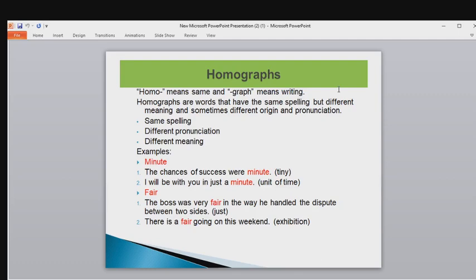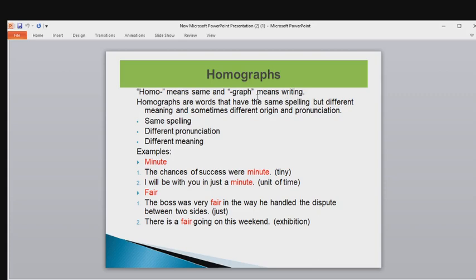Now coming to the homographs. What are homographs? Again, homo means same, and in the suffix graph, graph means writing. Homographs are words that have the same spelling but different meanings, and sometimes different origin and pronunciation as well.